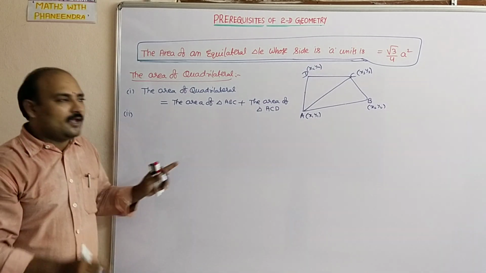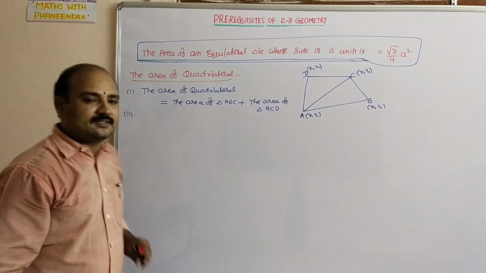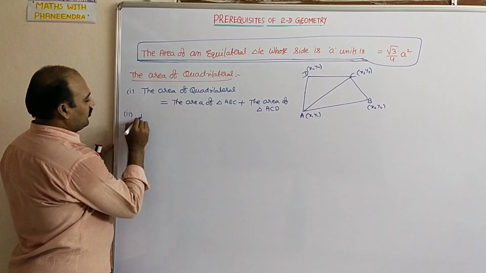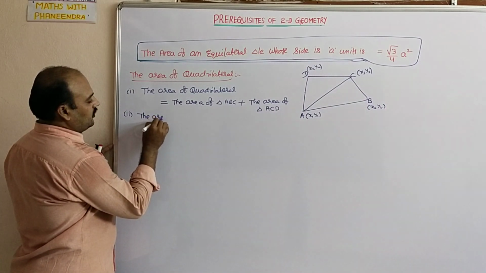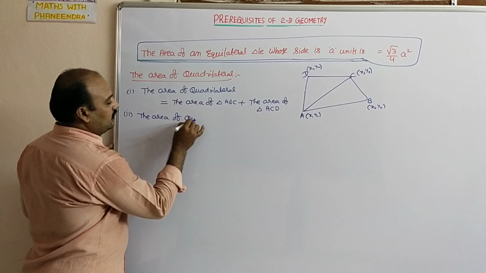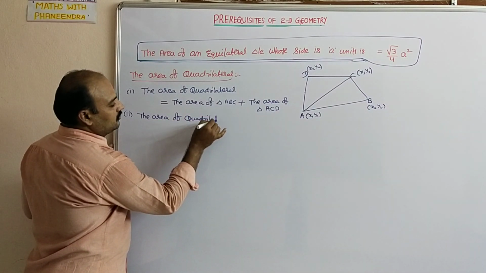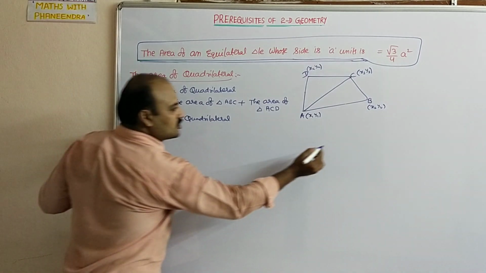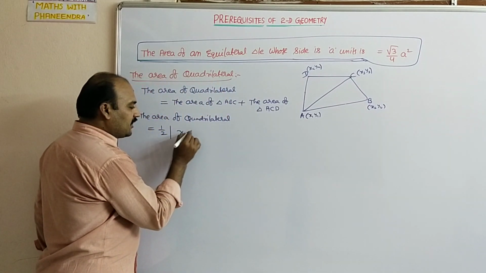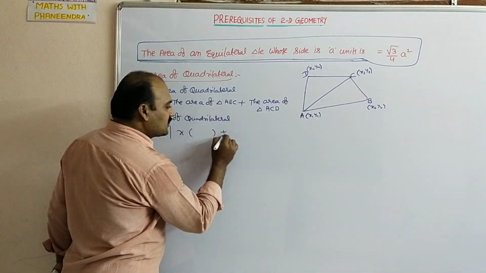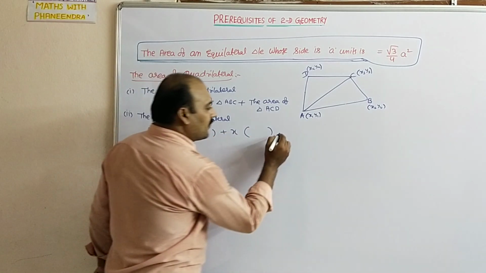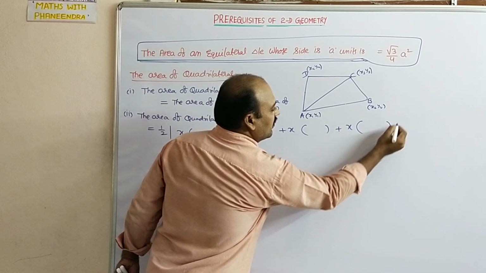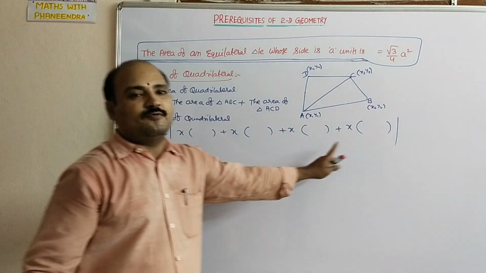Suppose you want to apply this to these vertices, the area of the quadrilateral is equal to half into, here also like the previous problem, x into a difference of y's plus x into a difference plus x into a difference plus x into a difference, like four terms, 1, 2, 3, 4.